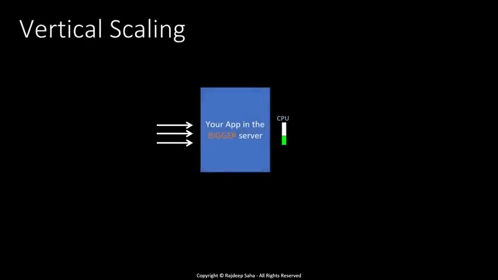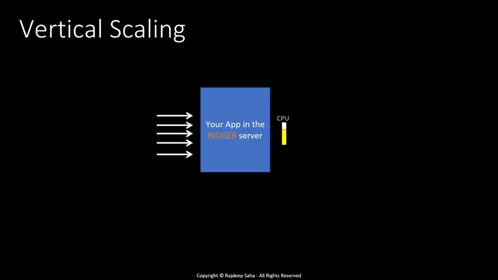If you move your application to a bigger server, it can handle more traffic. This is what is called vertical scaling, where you add more resources to your server, as in moving the app to a bigger server.